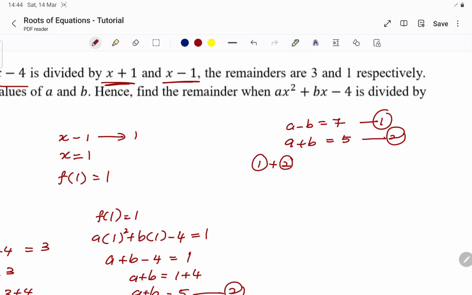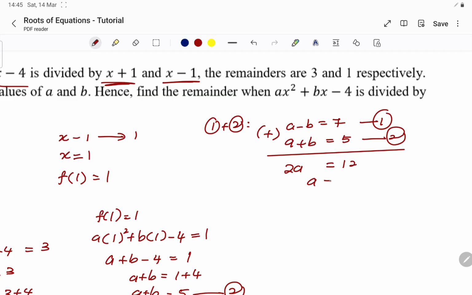So we add 1 with 2. You will get negative b plus b, which is 0, and 7 plus 5, which is 12. So 2a is equal to 12, and a is equal to 12 divided by 2, which is 6. So this is your a.